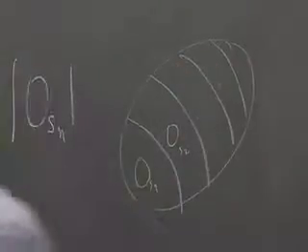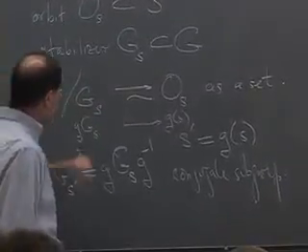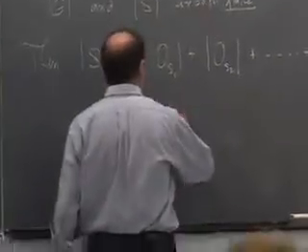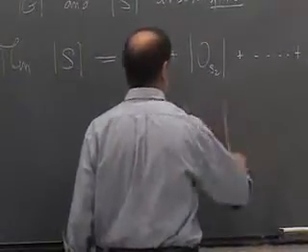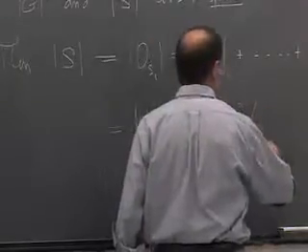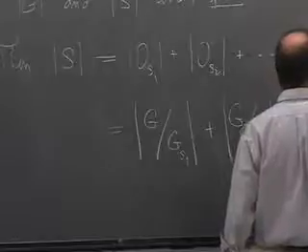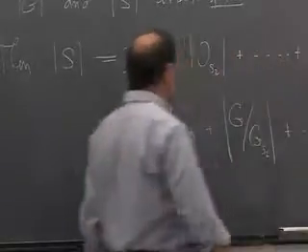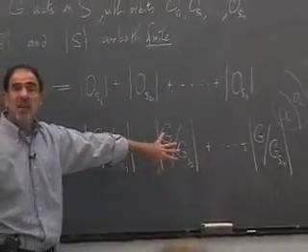But because of this property that every orbit is identified with a coset, and we know the order of a coset is the order of G divided by the order of the stabilizer, this can be written as the order of G divided by G_S1 plus the order of G divided by G_S2 plus the order of G divided by the order of G_S sub n. In particular, the order of S is written as a sum of numbers, all of which divide the order of G.